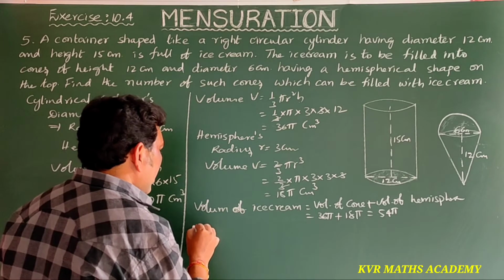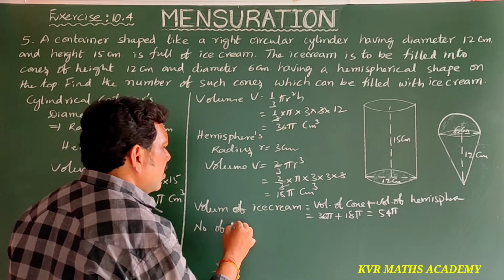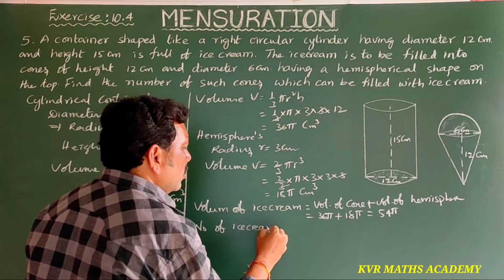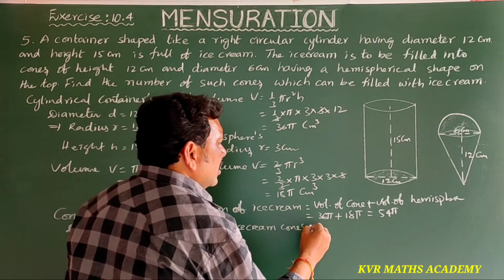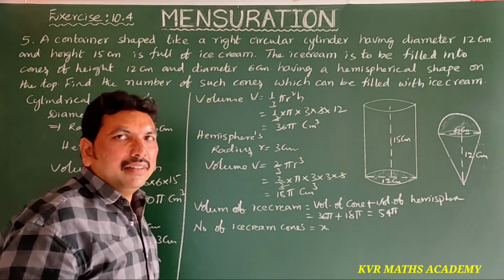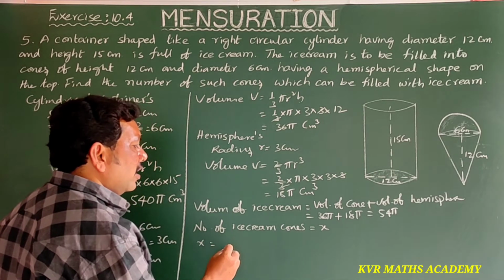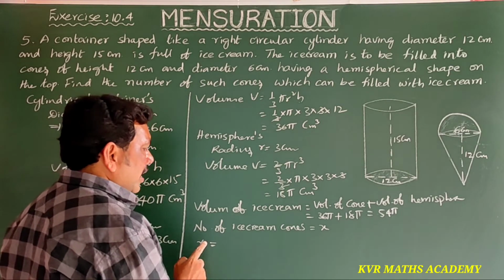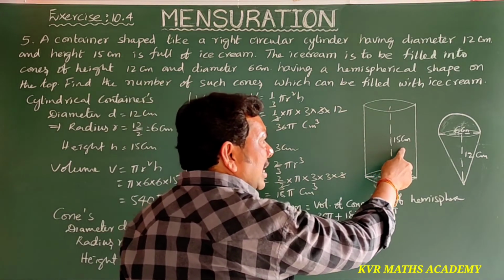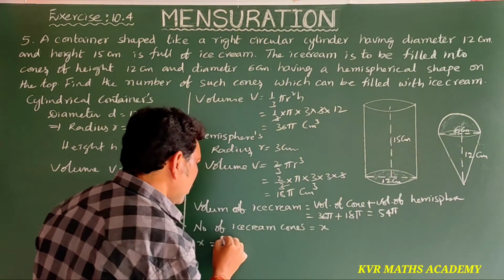Now, let the number of ice cream cones be x. So x is equal to the volume of the cylindrical container divided by the volume of an ice cream cone.